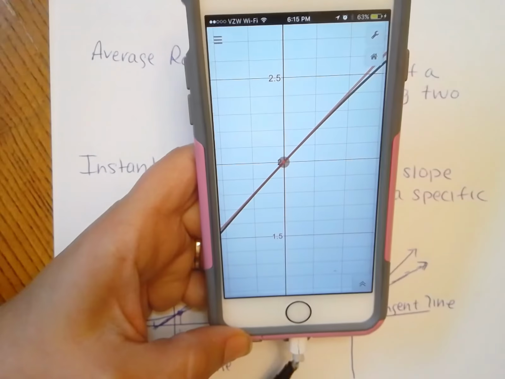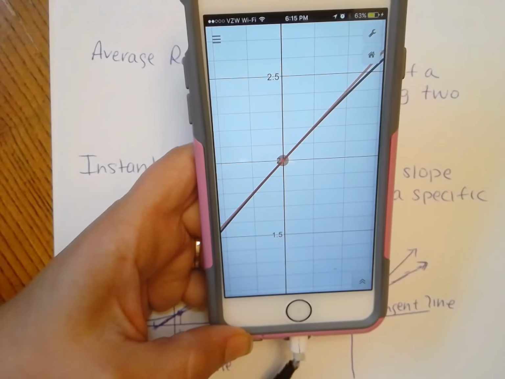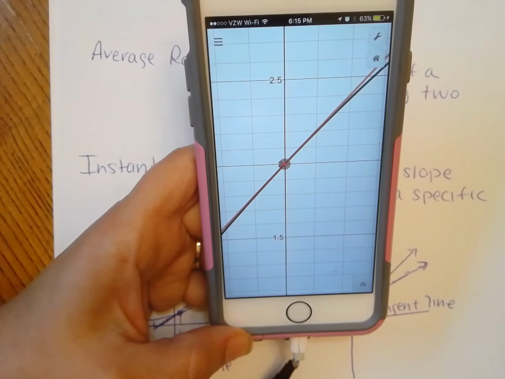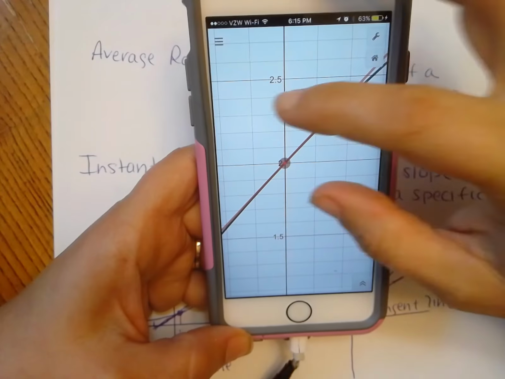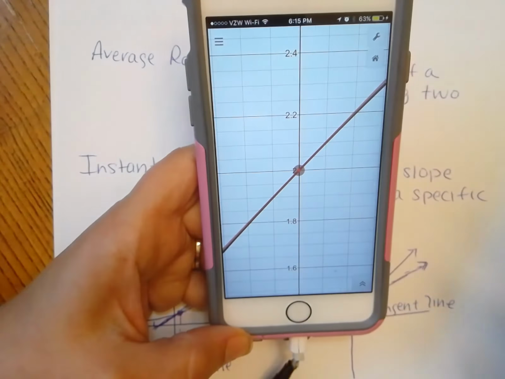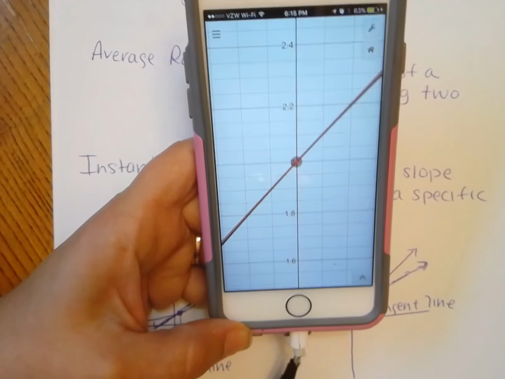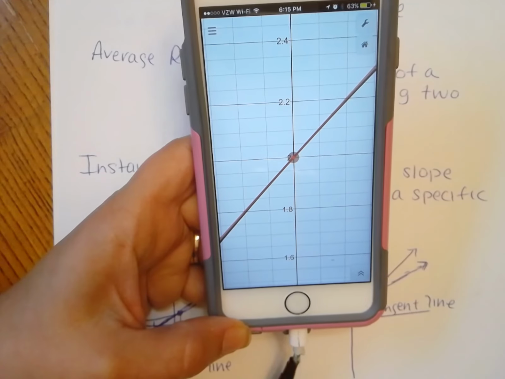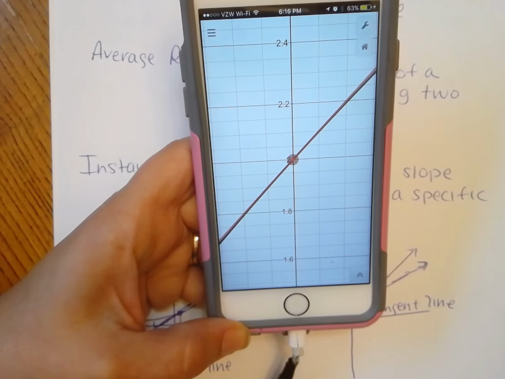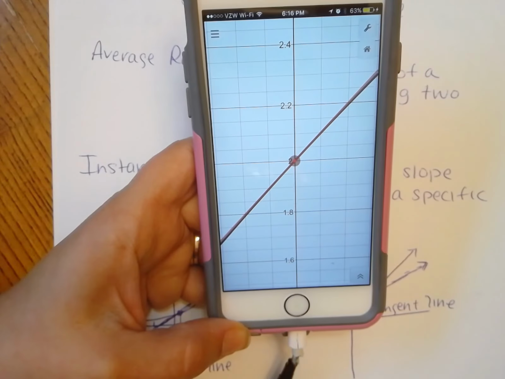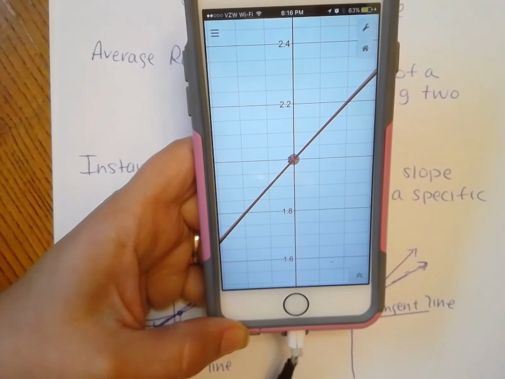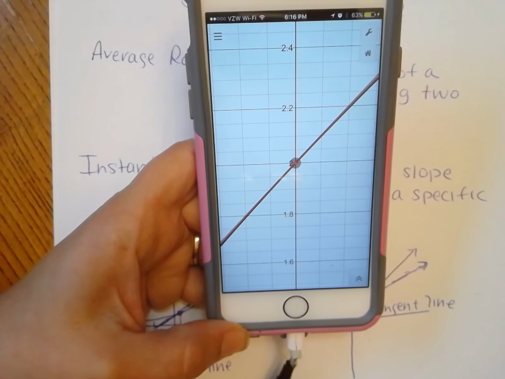The red curve is on top, that's the tangent line, and the black curve is the actual curve. When I zoom in really far, my tangent line is essentially the same, lying right on top of it. And so that's why we can use the slope of the tangent line as our instantaneous rate of change. It's the change that's happening right there at x equals 0.